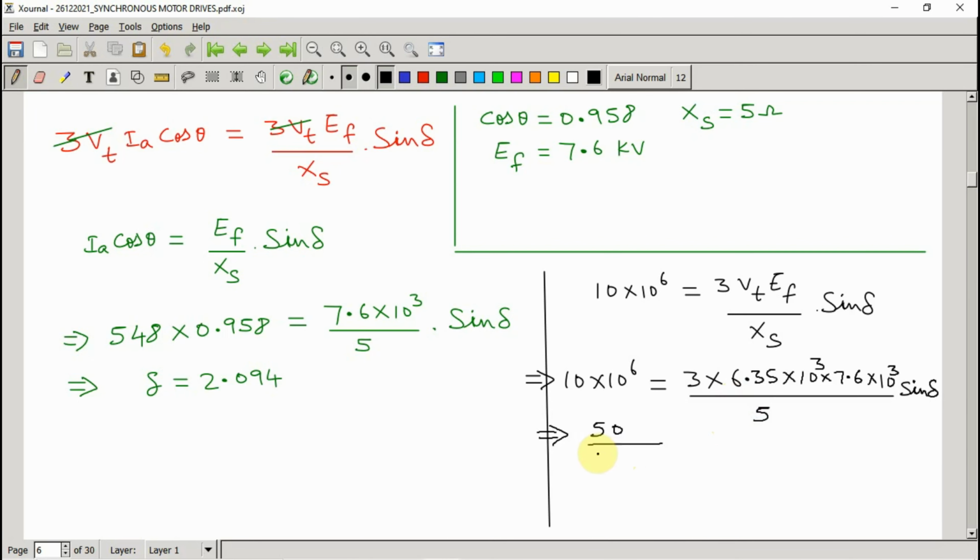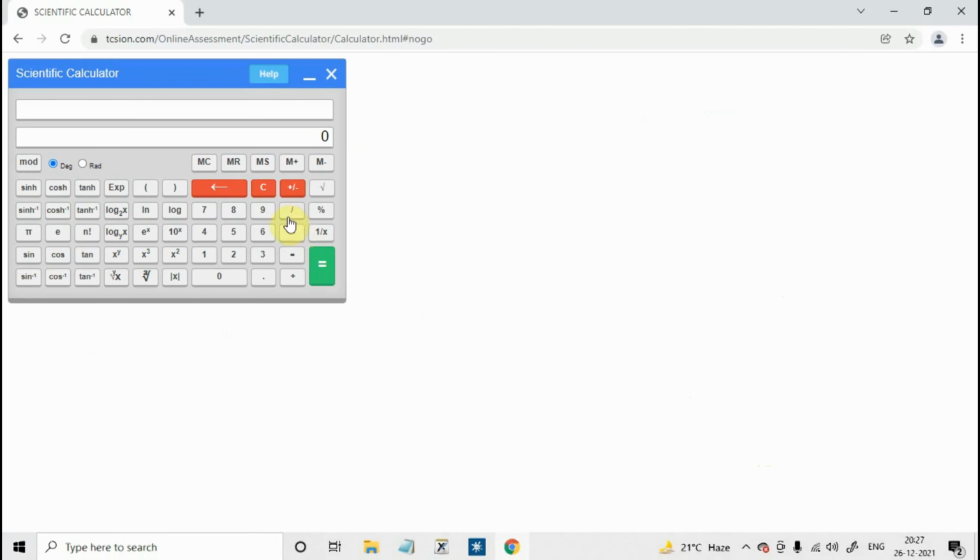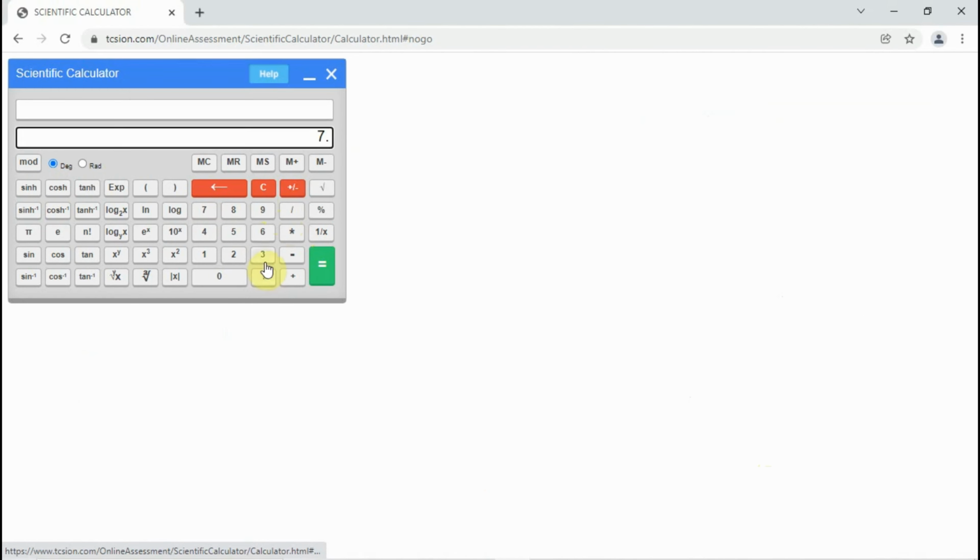This whole thing you have to divide by 3 multiplied by 6.35 into 7.6, and that will give your sine delta. So let us see what value of delta comes. 7.6 into 6.35, and this you have to multiply by 3.